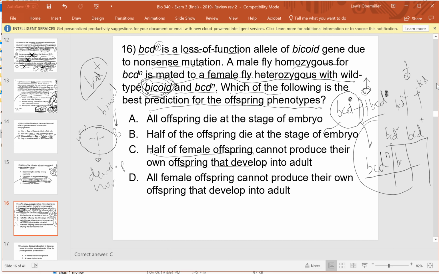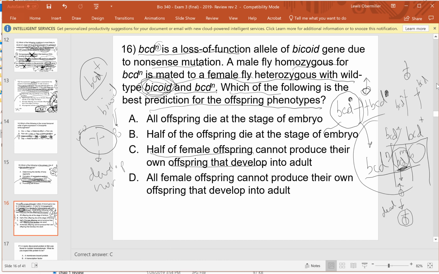So we do BCD N. Both copies are bad. If this is a male, it wouldn't matter because he doesn't contribute any bicoid, because this is a maternal effects gene. If it's a female, then all of her offspring would be dead because she couldn't contribute bicoid, so they wouldn't get a normal head and tail.